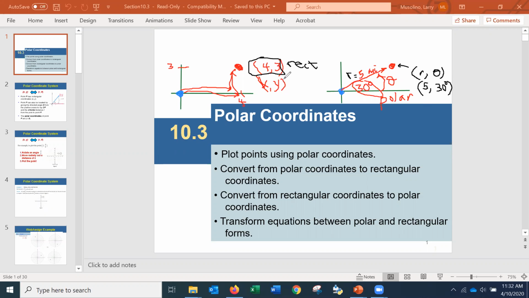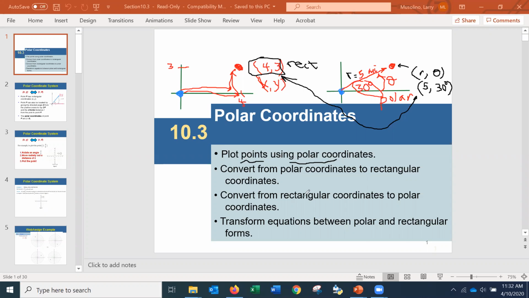So 4 comma 3 in the rectangular world is really equivalent to 5 comma 30 degrees in the polar coordinate world. Any of these points that we used to plot as XY points, we can instead plot using polar coordinates. And we want to be able to know how to switch back and forth.